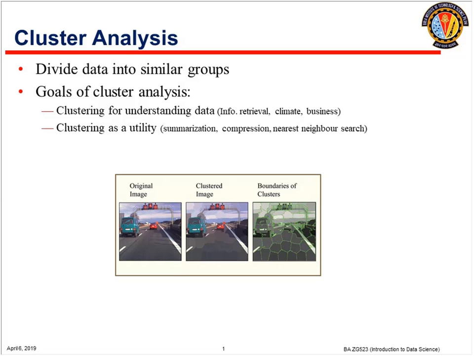So you can group them into different regions, maybe by per capita income, poverty, education level. All these are different factors which can be used to cluster different countries or regions of the world or different continents.